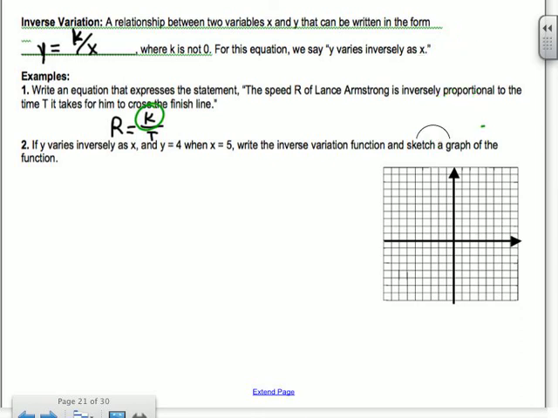Okay, so anyway, if y varies inversely as x, so y equals k divided by x, and y equals 4 when x equals 5, write the inverse variation function and sketch a graph of the function. Okay, so I'm going to solve for k, so multiply the 5 over, I get 20. That means my inverse variation function is y equals 20 over x.